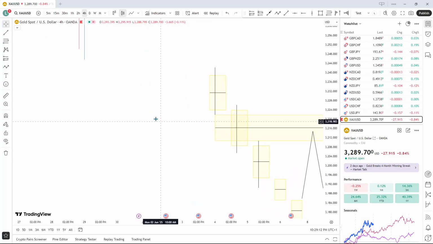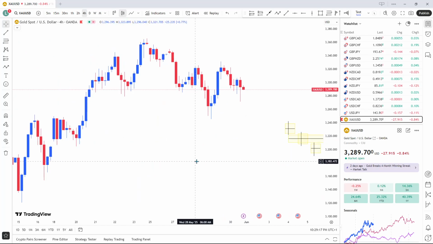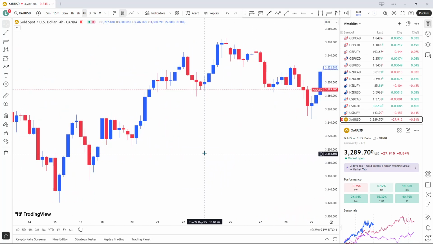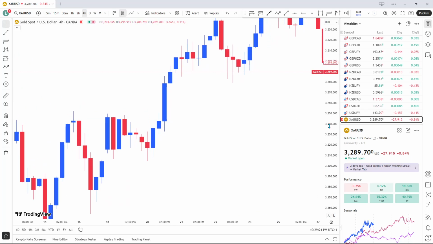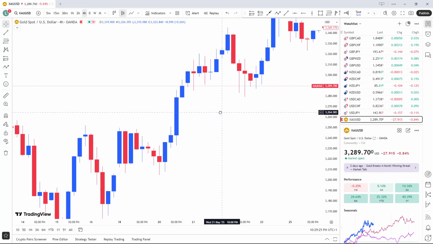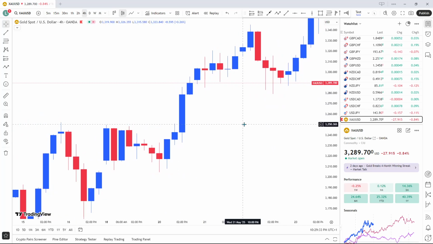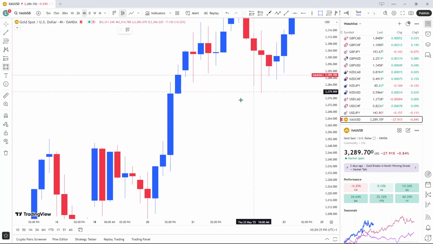So if we now want to try and bring these into scenarios, let's just drag it over here, for example. So we're looking for 3 candles in a row. So we have 1, this massive bullish candle here, and then which is 2, and then 3. So we draw from the top of number 1.